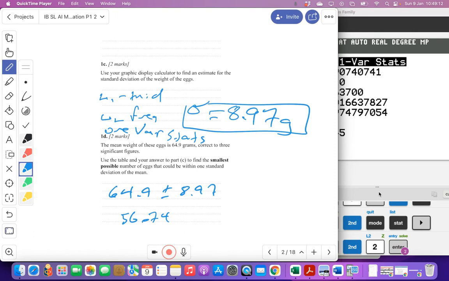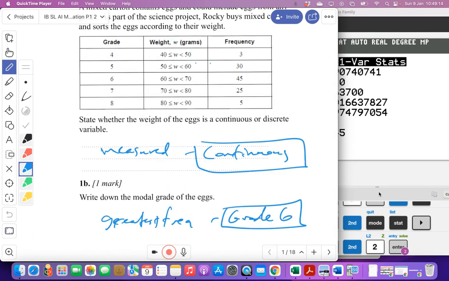Okay, so the smallest possible number of eggs basically looks like it's going to be right there in the middle, 45. That way they're all included within that one standard deviation.